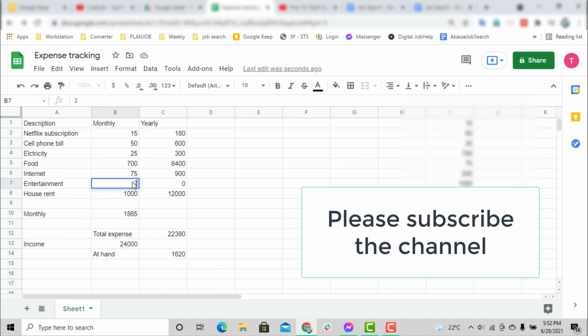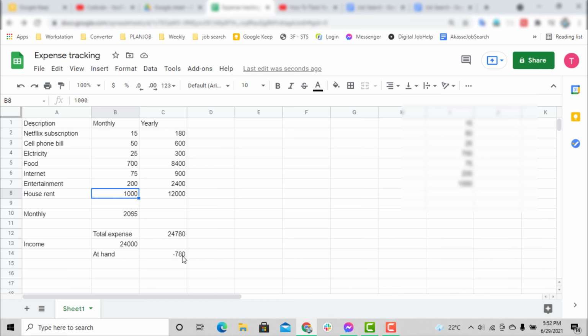So here it was 200, you had 780 minus at the end of the year, but when you make this one 0, now you have a surplus of 1620, because this 200 was multiplied by 12, it was actually 2400. So you had negative 780, so 2400 minus 780, that's the number.